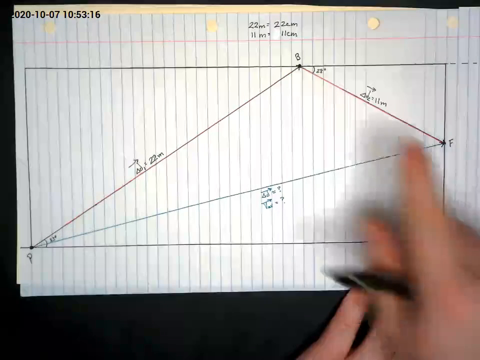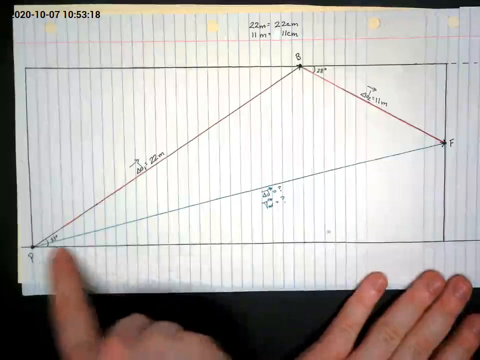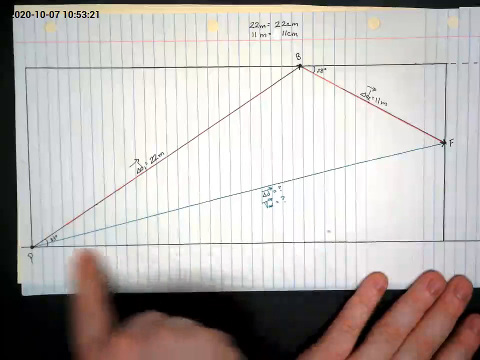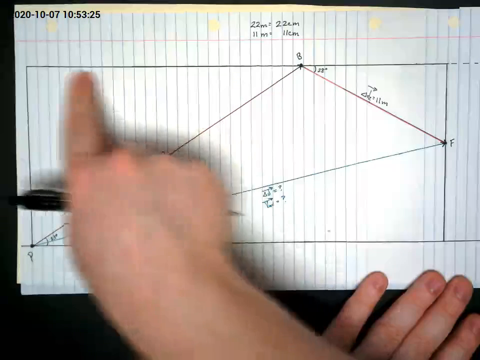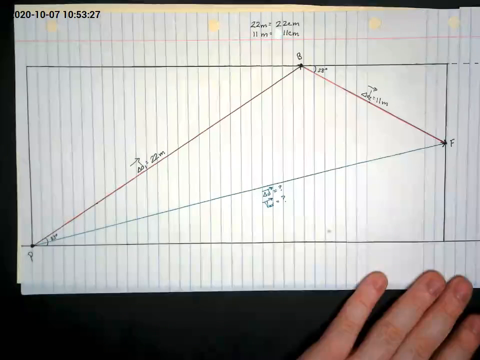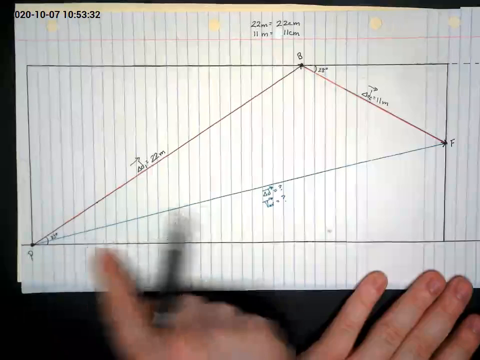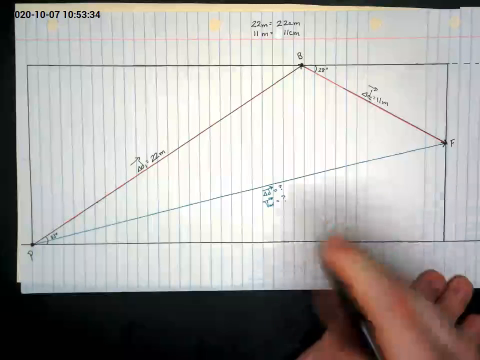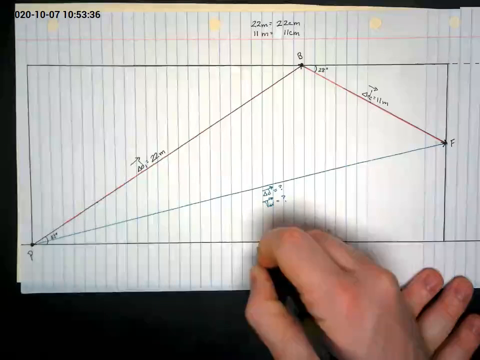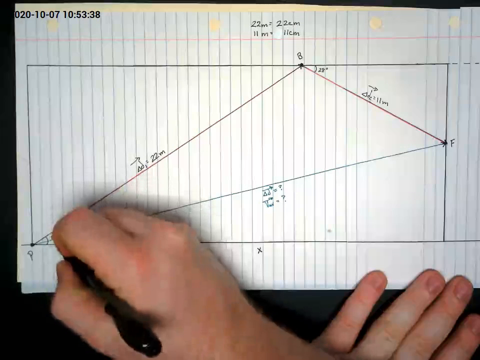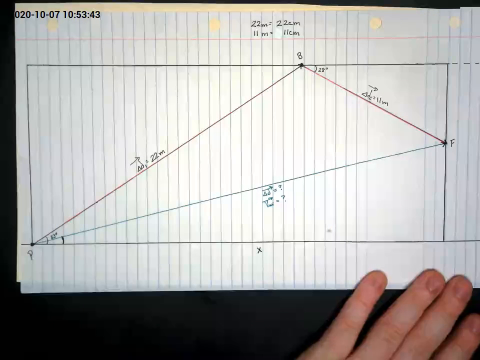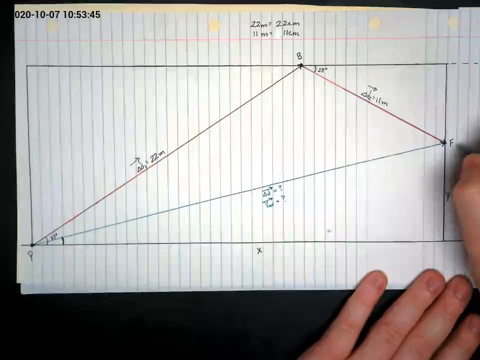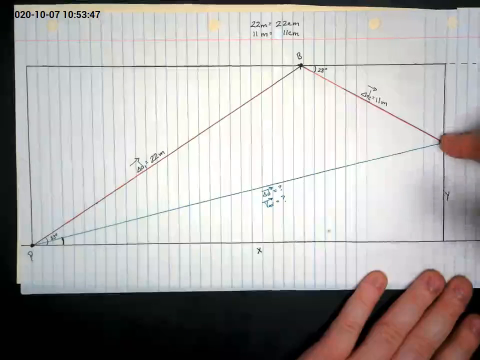So let's look over here, and we say, well, we've got to know the distance over here. That distance isn't terribly obvious. Maybe it is, just by looking at it. But we need to solve for this guy right here, so we'll just put x. We also have to solve for this angle down here, and for this little y, from here to here.